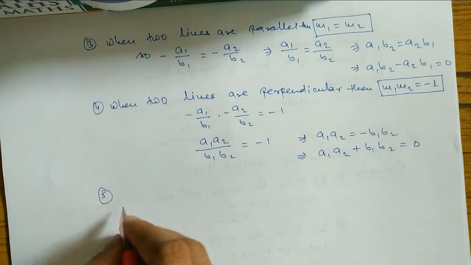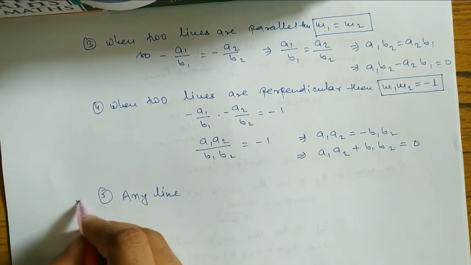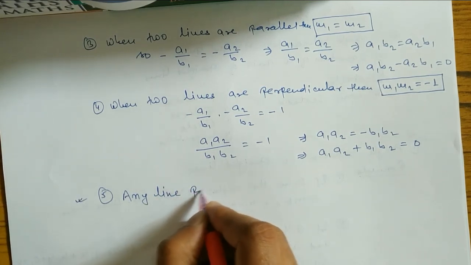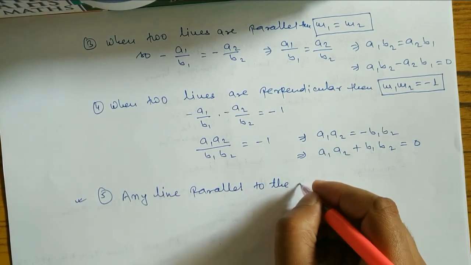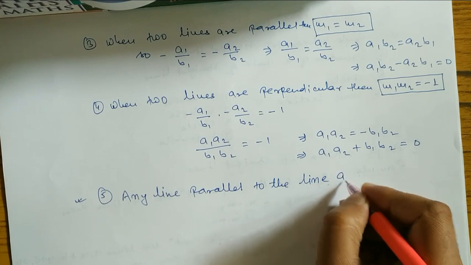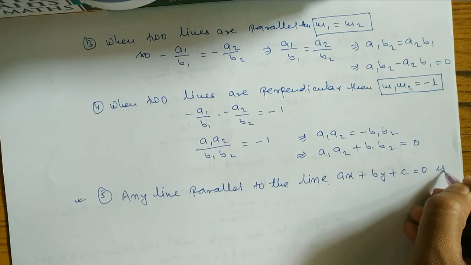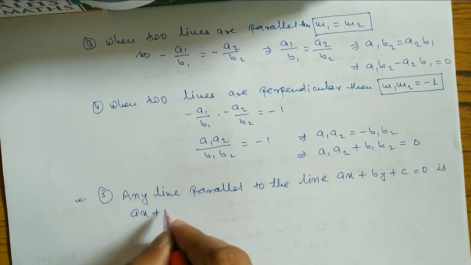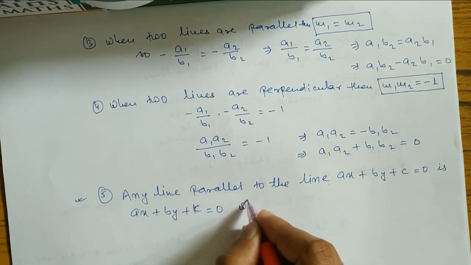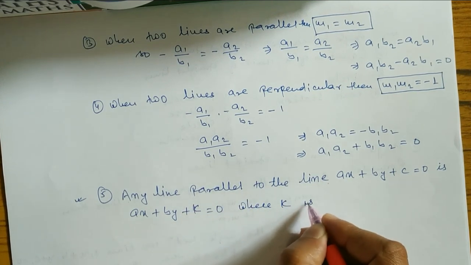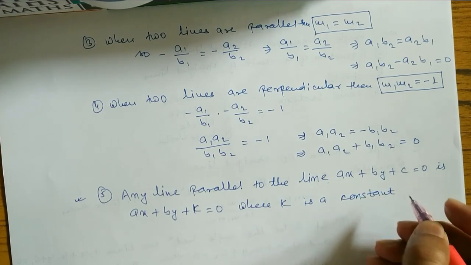In number 5, this is very important: any line parallel to the line ax plus by plus c is equal to 0 is ax plus by plus k is equal to 0, where k is a constant number.